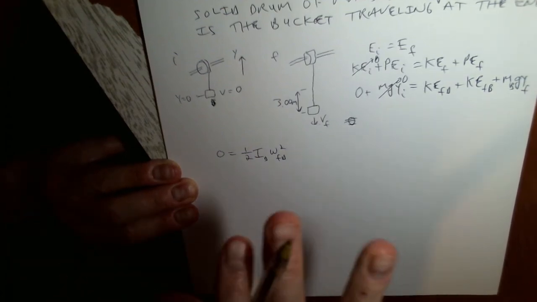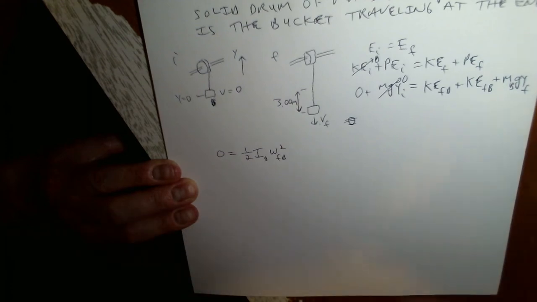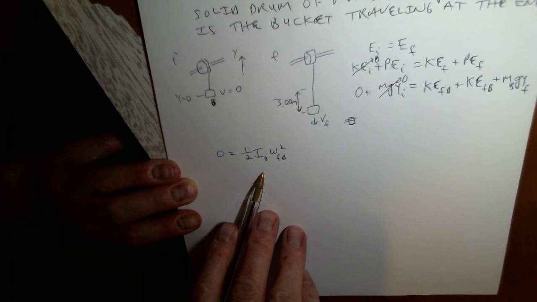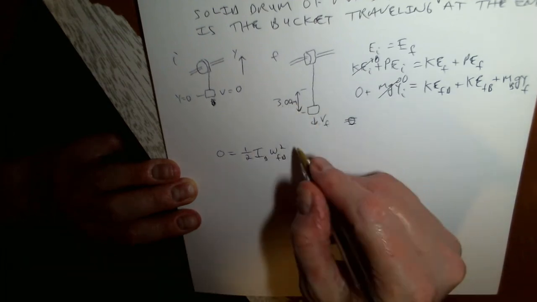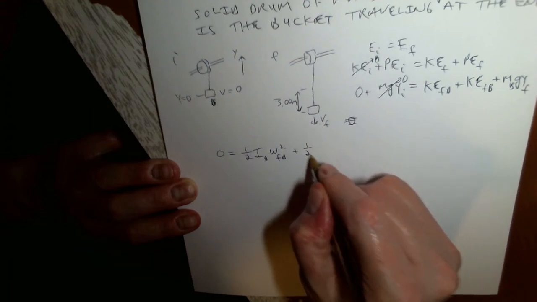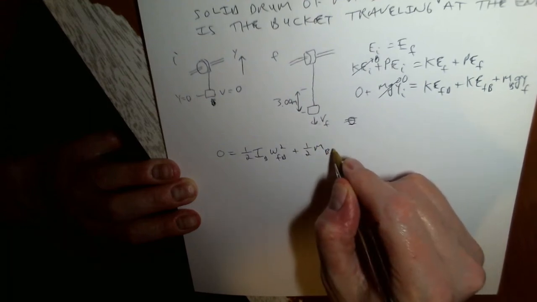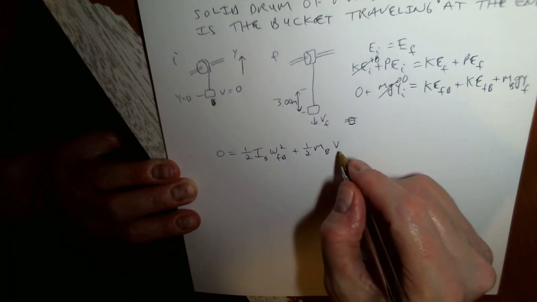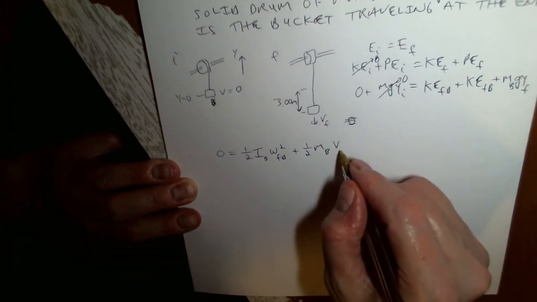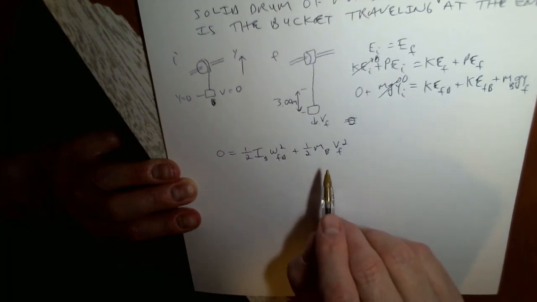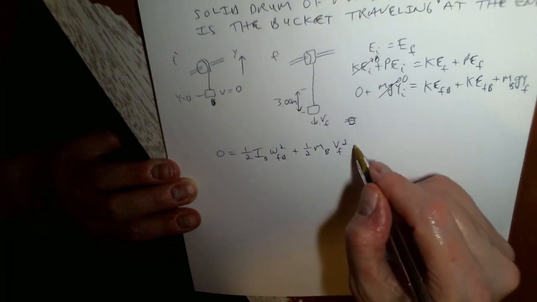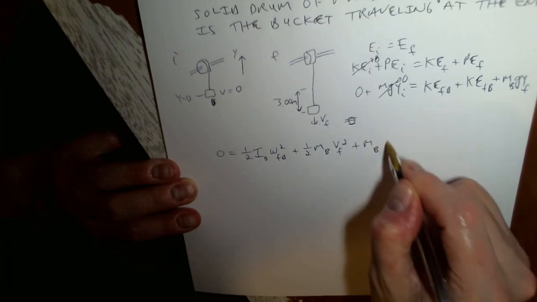The drum is not translating, so it's not moving in a line through space, so its kinetic energy is all rotational. The bucket is not rotating, it's just translating. So its kinetic energy is 1/2 m bucket v bucket final squared. I'll just say v final squared because there's only one translational velocity. And plus m bucket g y final.